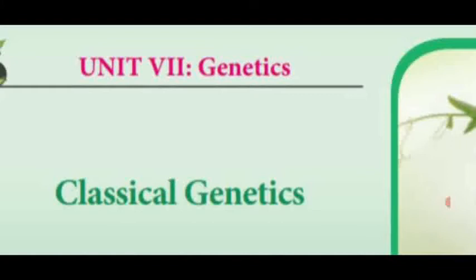Then we have seen the laws proposed by Mendel. One is the law of dominance, another one is the law of segregation. The law of dominance proves that when 2 different characters of a plant which are pure breeding are crossed together to form an F1 generation, both the different alleles are present in the F1 generation, but it is denoted as dominant because one of the characters is suppressed by the dominant allele.